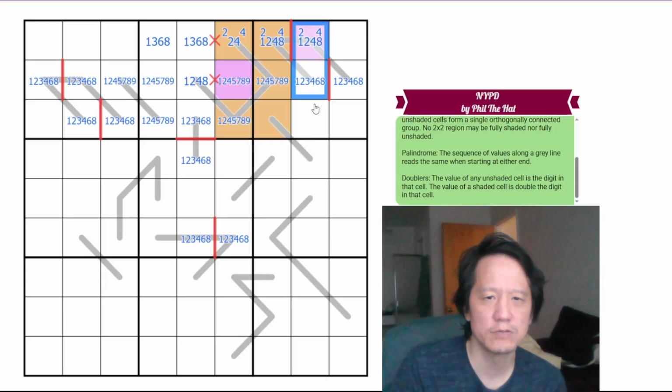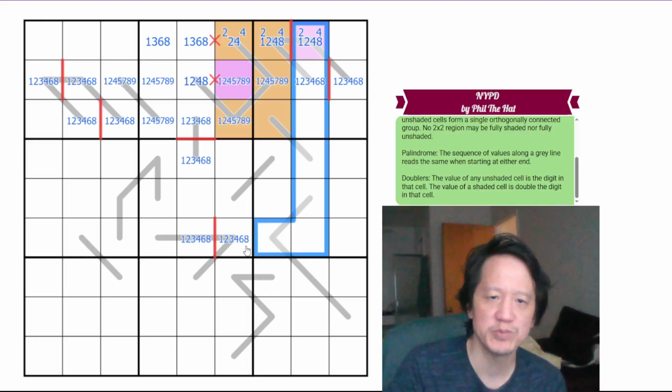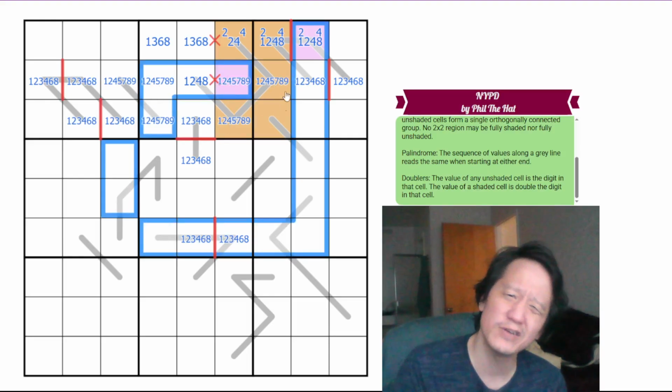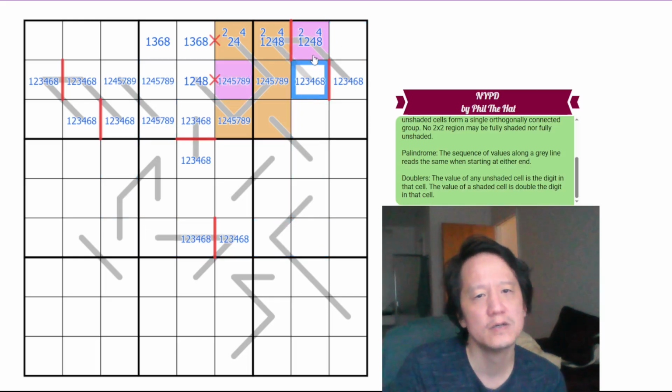Oh, interesting. This cannot be pink. If this is pink, that means orange is here. How does this pink orthogonally connect to this pink without breaking this? Oh, the orange could be.